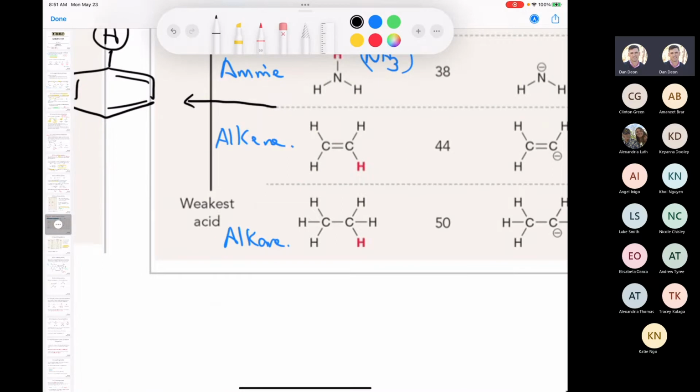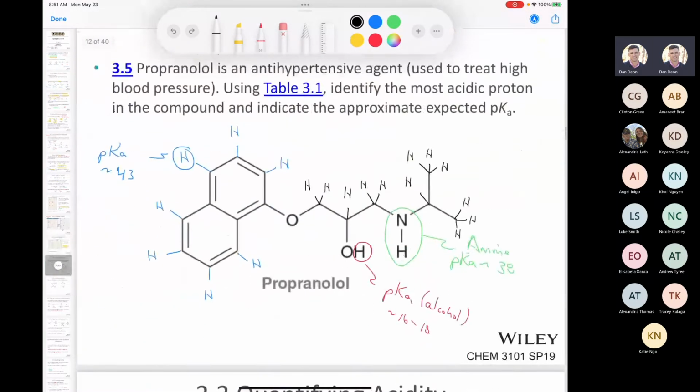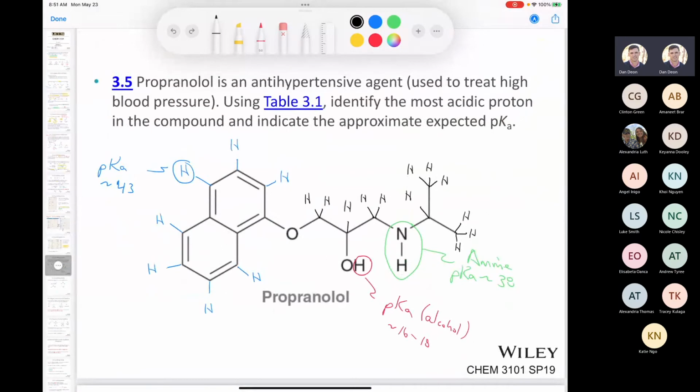And this is the only thing that we saw that was a proton on an sp3 hybridized carbon-hydrogen bond. So that means it's around 50 for all of those protons. Again, it might be slightly different, a little bit lower for some of them, depending. All of those are around, we'll just put here, pKa is around 50.